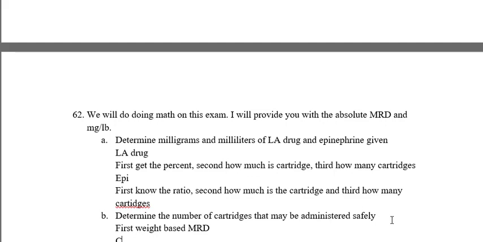Then compare to absolute. I'm not going to write this on the board. You're going to have to figure it out. Choose the lowest. Then divide by milligrams per cartridge.